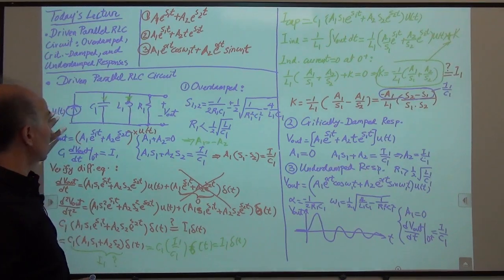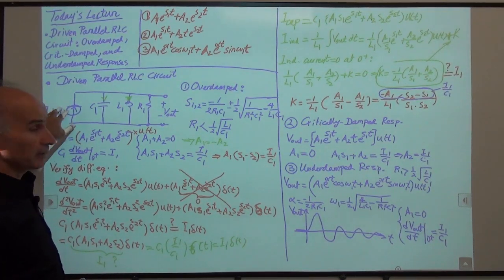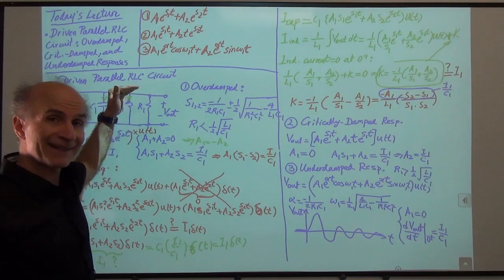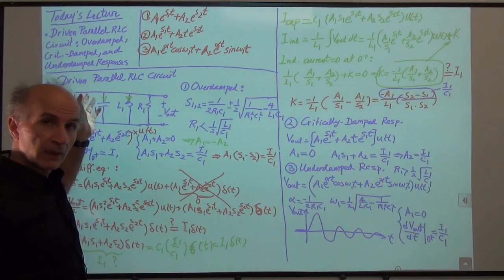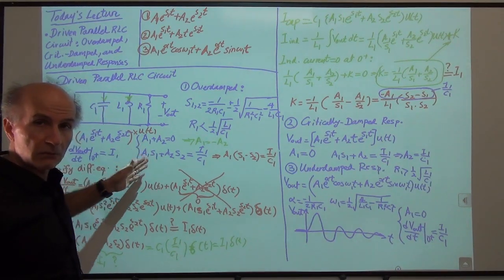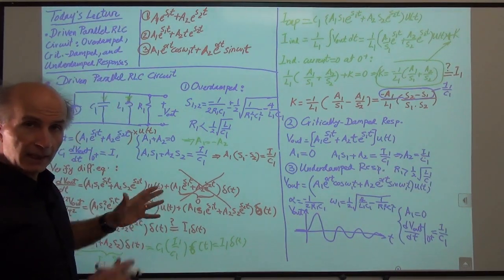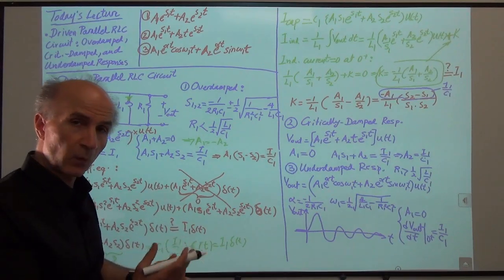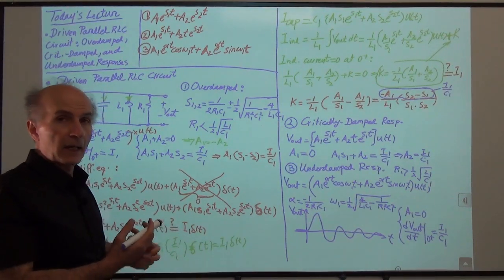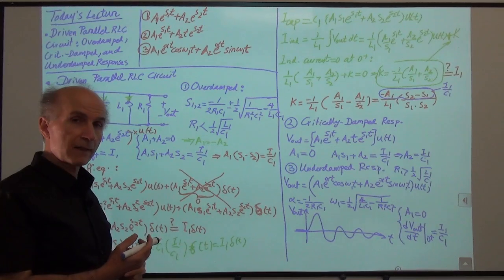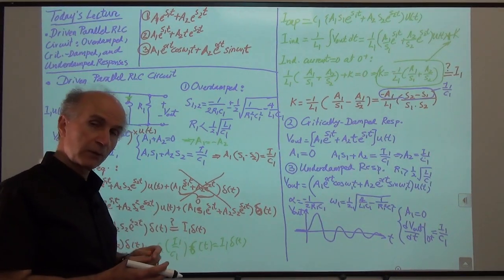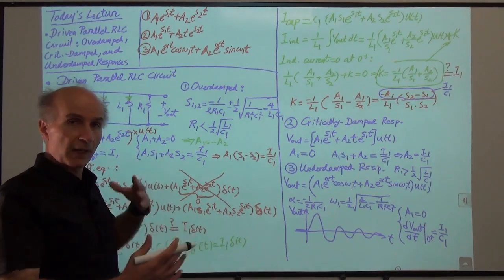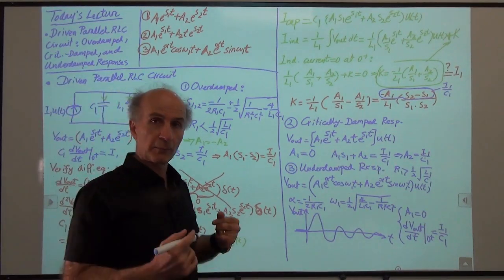So instead of the current jumping from 0 to I1 and staying at I1, we can assume that the input is an impulse. It's at 0, then jumps to infinity and comes back, and it has a certain area under it, a certain weight associated with it, and we would like to see what the circuit does when we give it that impulse. So let's analyze that one too, and then we're done with the circuit because we have examined it from so many different perspectives.